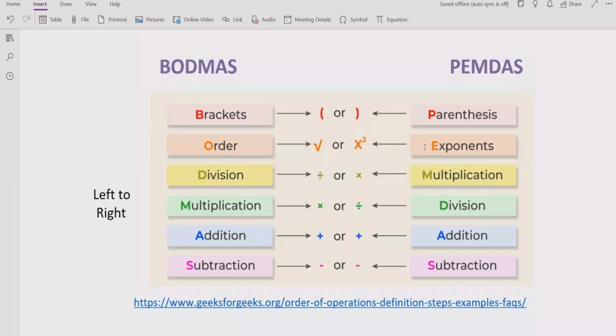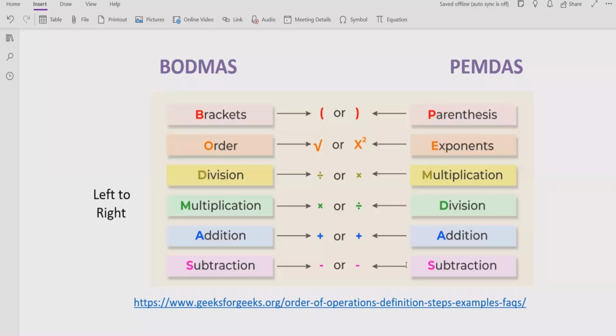It means that if your expression contains any bracket or parenthesis, you have to solve that part first. After that, you have to see the exponent or power of any number. If your expression contains a number with a power, you have to solve that part after the bracket. After that, you go left to right in your expression and find division and multiplication.